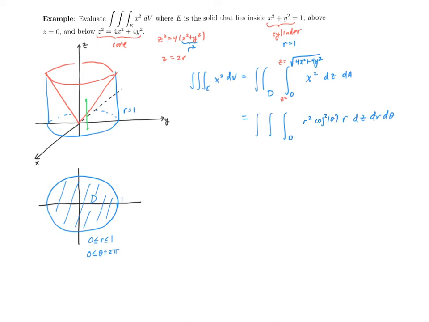We're integrating on the inside from z equals 0 up to the cone. But note, we already described the cone in cylindrical coordinates as z equals 2r. And then on the outside, the order is irrelevant because we're integrating over a polar rectangle. We have dr d theta. So in the middle, we go from 0 to 1 in r, and then 0 to 2 pi in terms of theta.